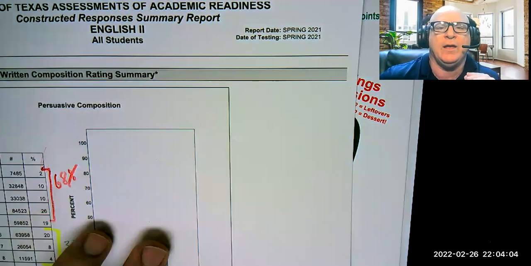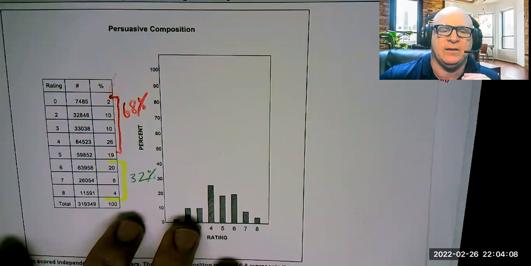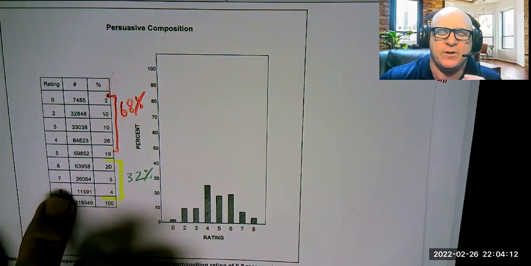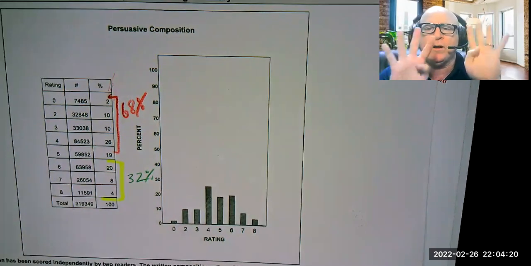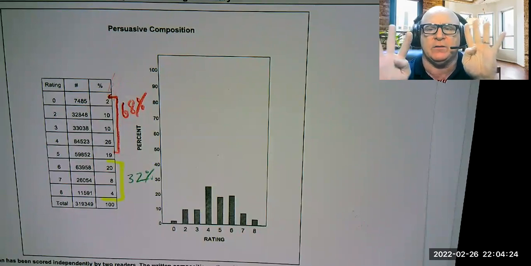The way that you get the 34 points for writing is that a student has to get an 8 from 2 different readers by getting a 4 and a 4 as they read it.